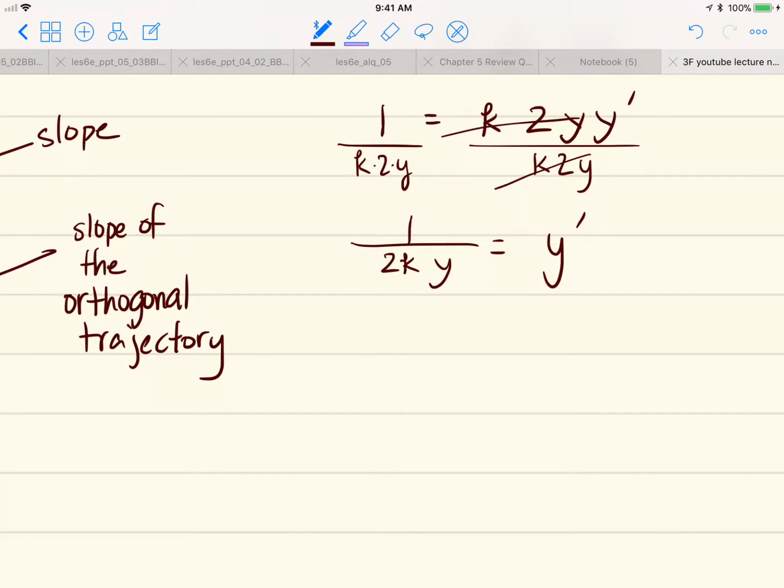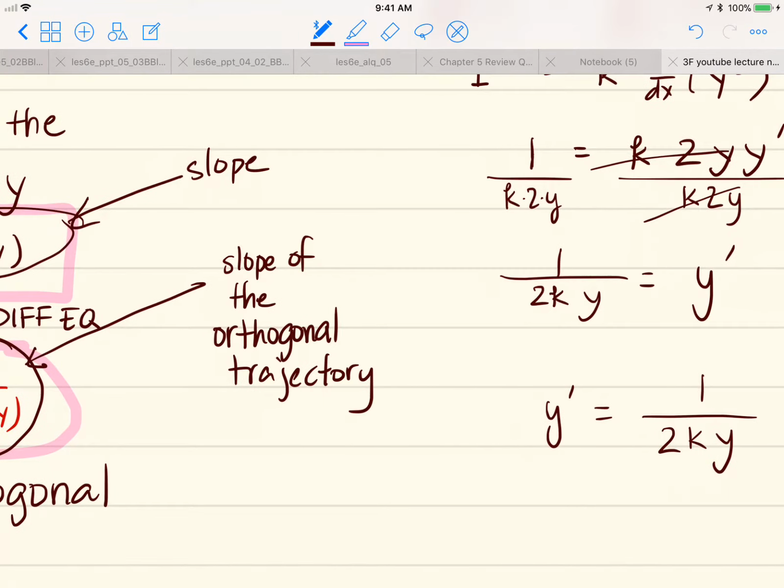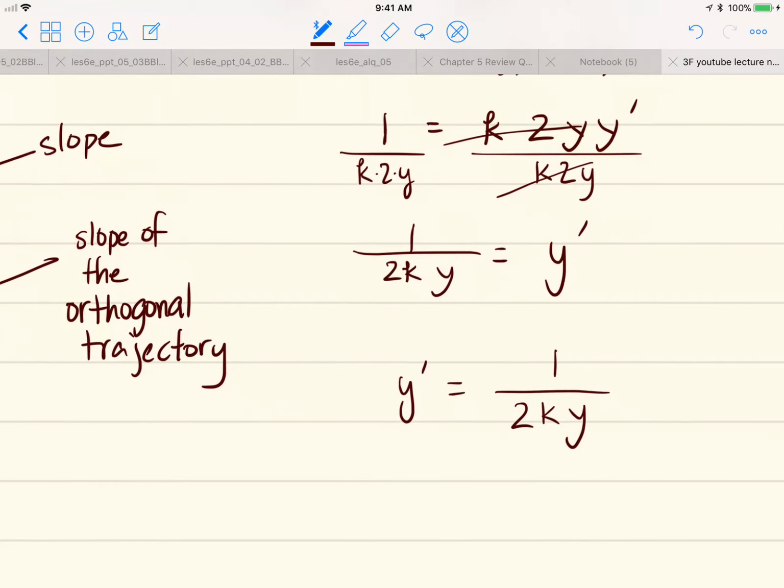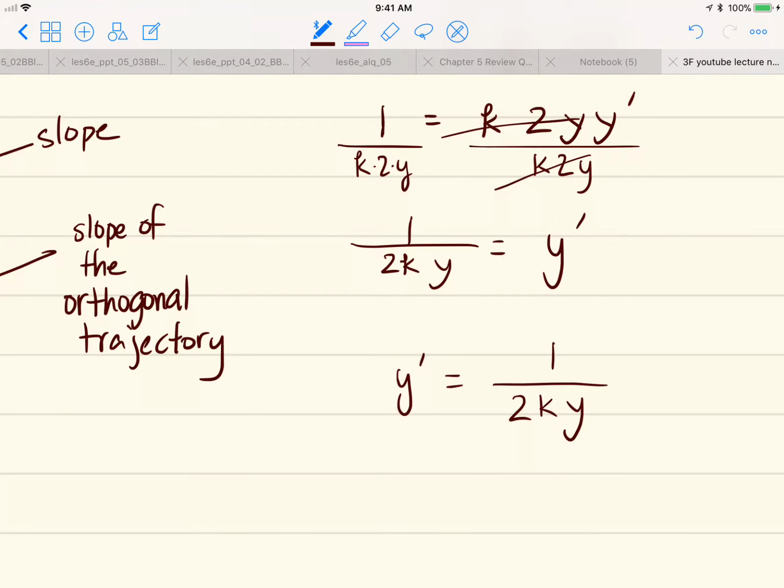I'm still not done, because what I have is y prime equals 1 over 2k times y, but I need a function just of x and y, not a function of k, x, and y. So I have to eliminate this k.